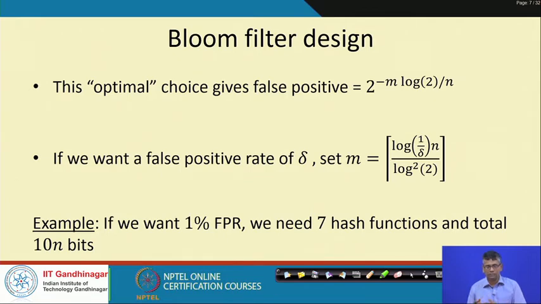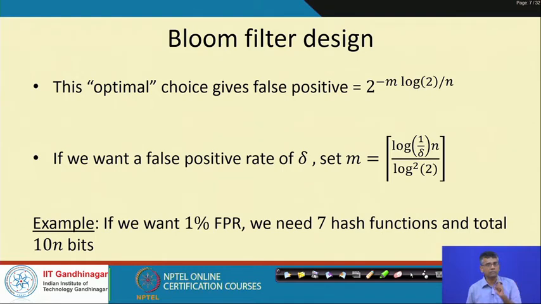So, all of this you just get by plugging in the value of k and by plugging in the value of m. So, for example, if you want 1% false positive rate, which is potentially fairly small, you only need 7 hash functions and a total of 10 n bits, right. So, now what we have is a data structure that has only constant times n number of bits, right.